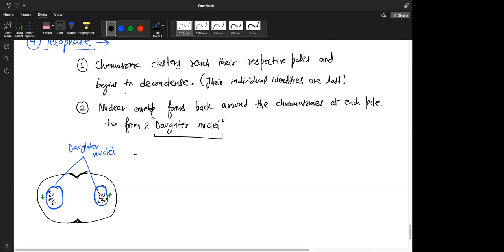But the third thing that happens, write down, nucleolus, Golgi complex, and ER begin to form.